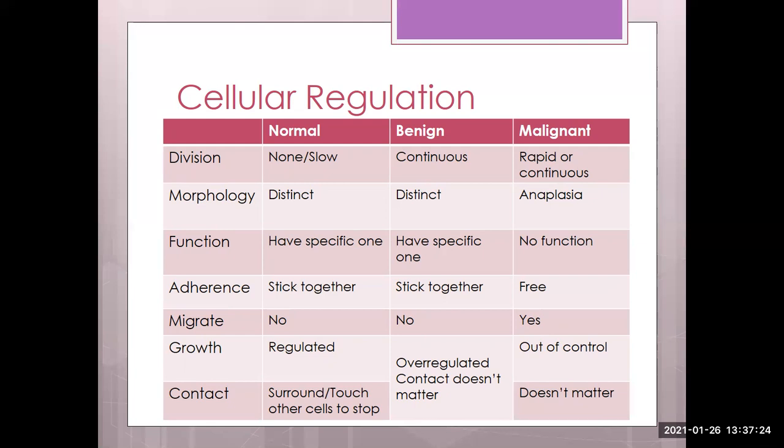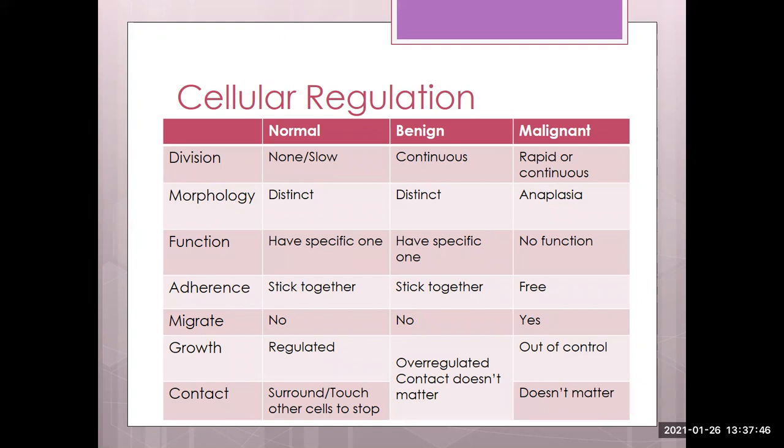When you have benign tumors that grow, the division of those cells is just continual. It doesn't stop, and the cells stay like their parent cell or like that initial one. They just continually divide, and that's what causes a benign tumor to form.